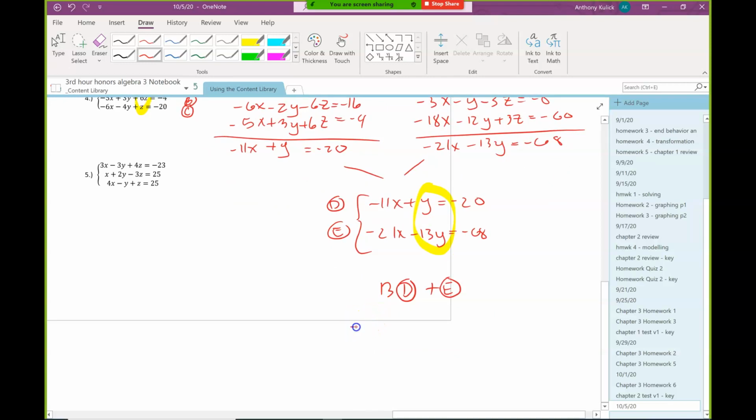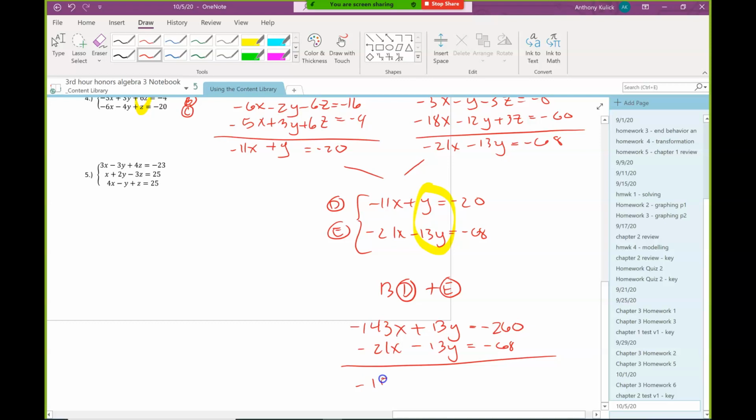11 times 13 is 143. 13 times 1 is 13, and 13 times 20 is 260. And negative 13, negative 68.